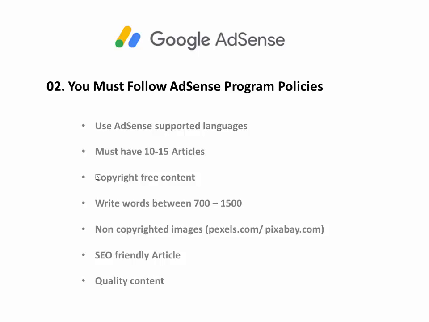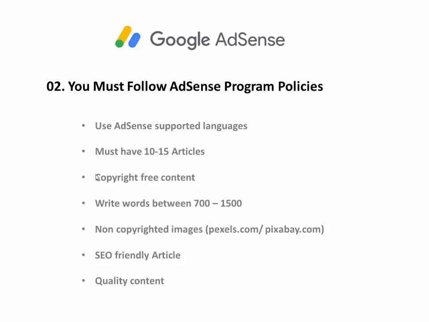I will add a link in the description to check the supported languages. My recommendation is to write in English, because we all can understand English. So write your blog in English.